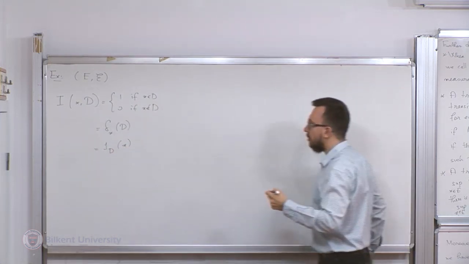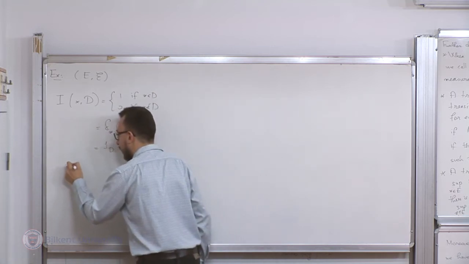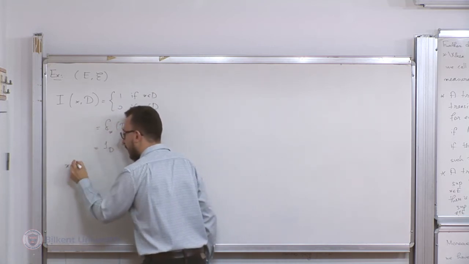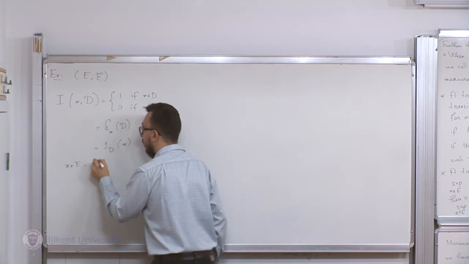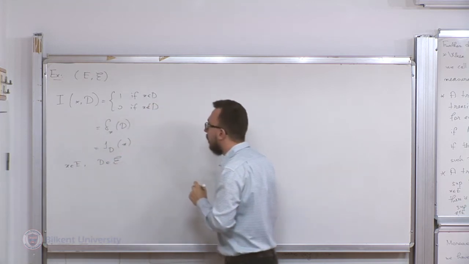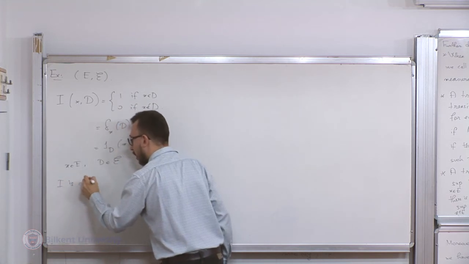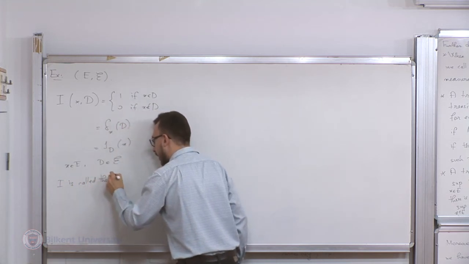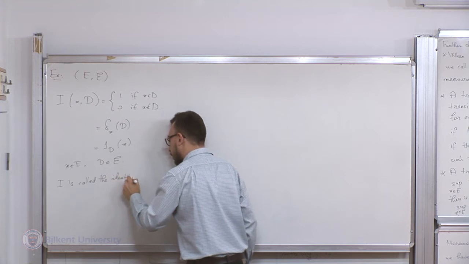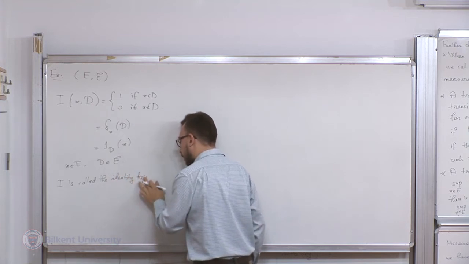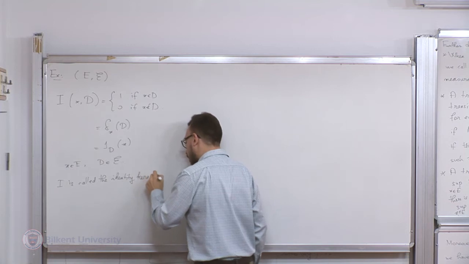All the same thing. So I define it for x in E, and D in script E. So this I is called the identity kernel on E.